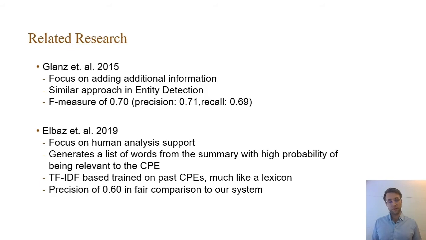This was a TF-IDF-based training system which works much like a lexicon feature that we are going to describe later. This is not as comparable to our results, but if we were to make a fair comparison with their top predictions, they would have a precision of 60%.